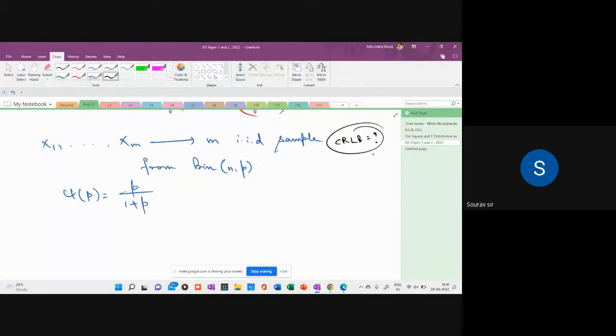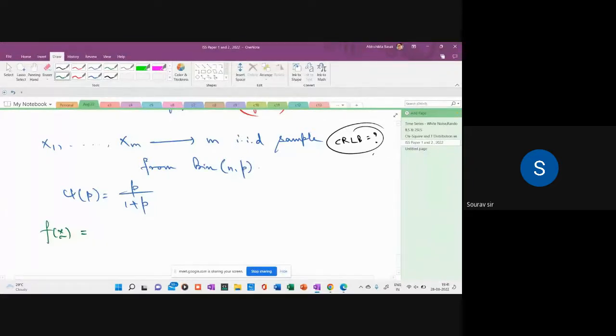So what is the formula for the CRLB? We need to find the joint distribution of this set of data x1, x2, ..., xm. So let us find the joint distribution. f(x) equals, we will have nCx1, nCx2, and so on, nCxm. Sorry, let me write it in a proper manner.